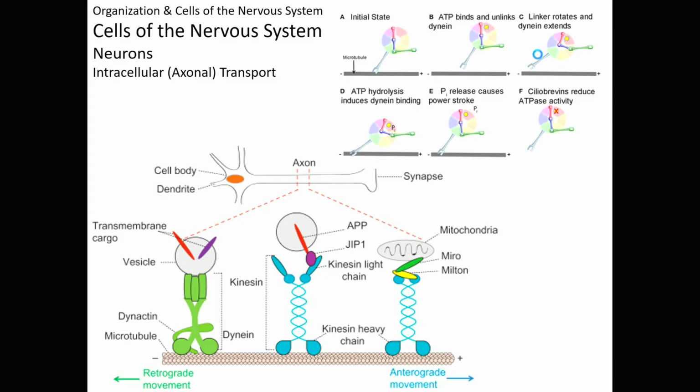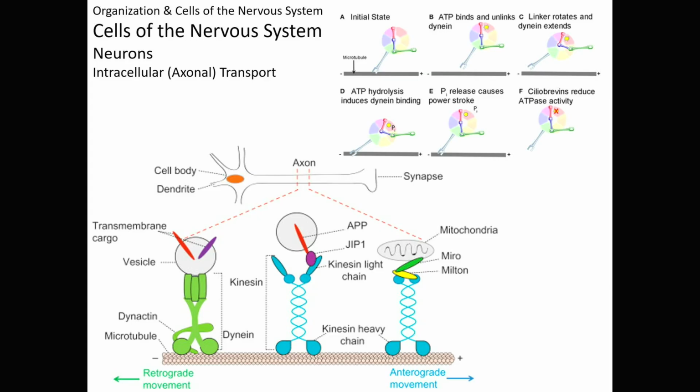The last thing I'll mention, because it shows up here, and this is the one panel that is specific to dynein, is that there are these compounds called ciliobrevins. They're synthetic compounds, and they are inhibitors of dynein. So they can be used to inhibit this retrograde transport that dynein accomplishes within the cell. The reason they're called ciliobrevins, if you know the structure of cilia, right?